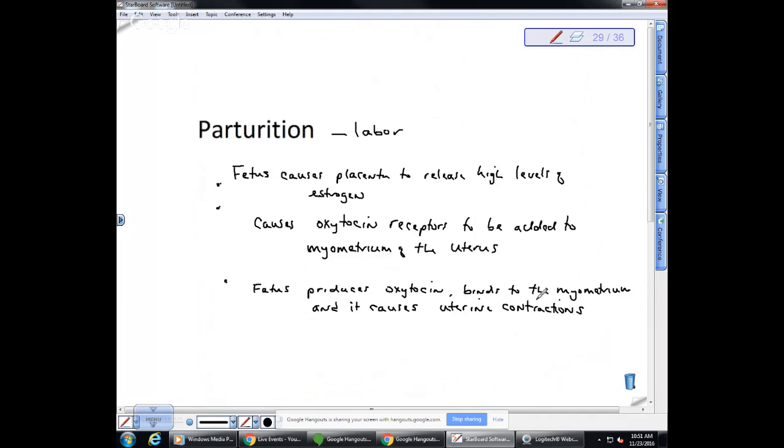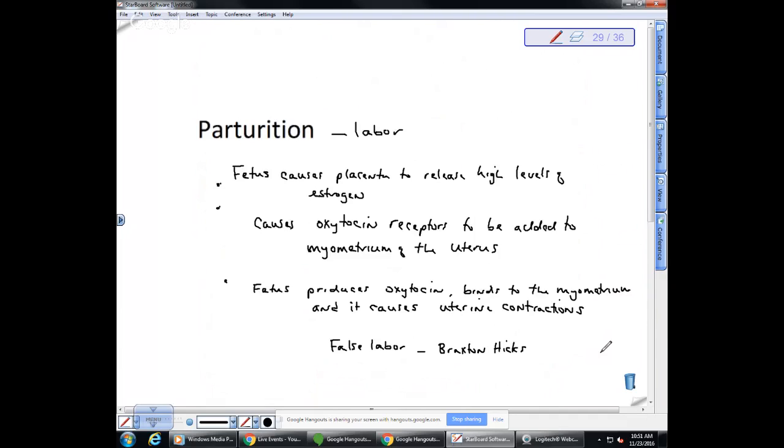These first uterine contractions are sometimes called Braxton Hicks. This is false labor, when the contractions are not synchronized, and they're called Braxton Hicks.